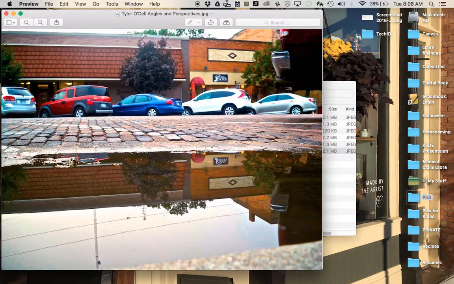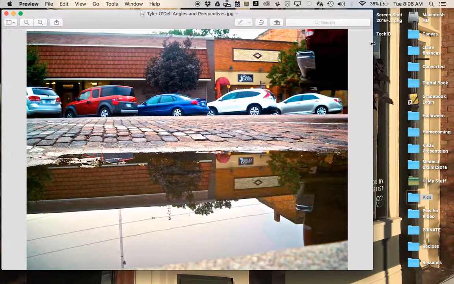Again, angles and perspectives. It's not you changing the angles and perspective. It's how you let us see the subject matter differently based on angles and perspectives. And what's your subject matter? He's got this great composition of these rows of cars that are like pops of color in his horizontal frame.